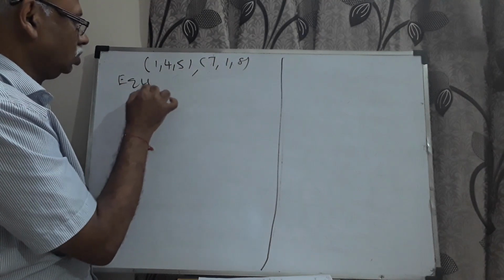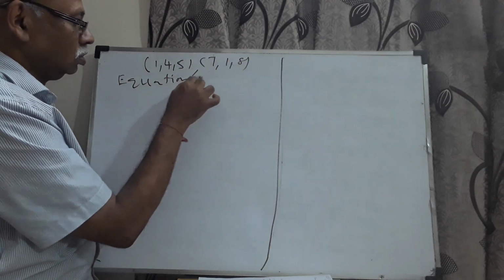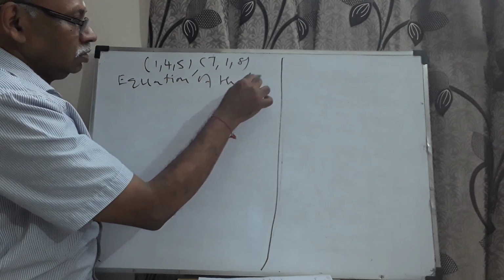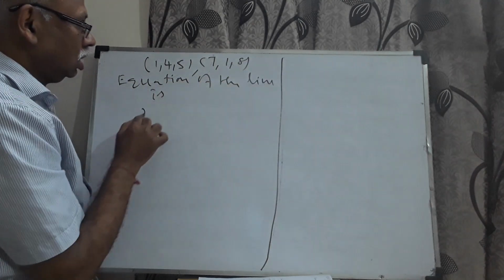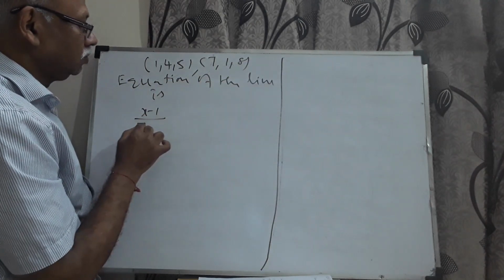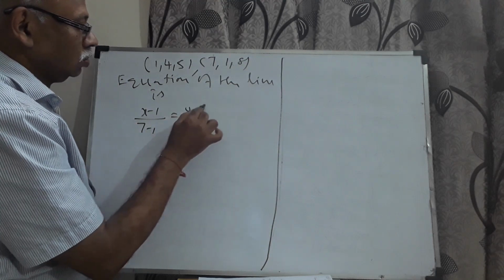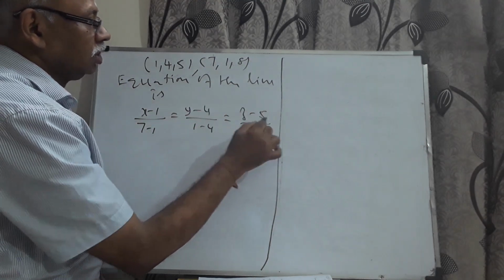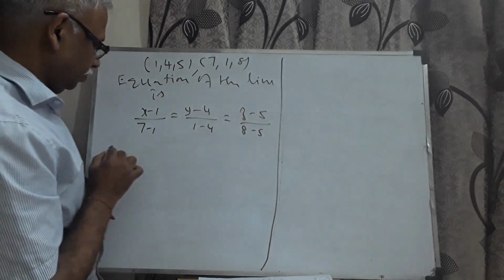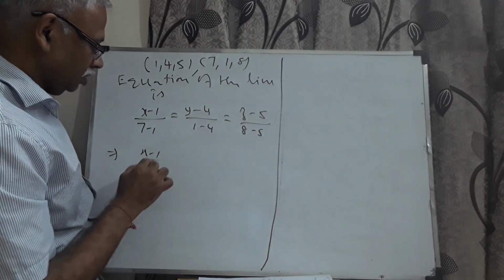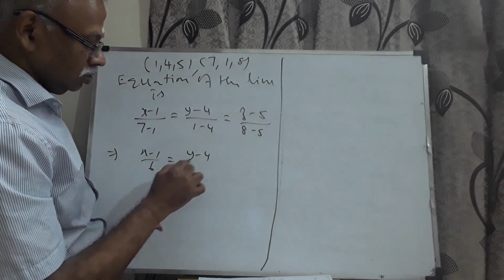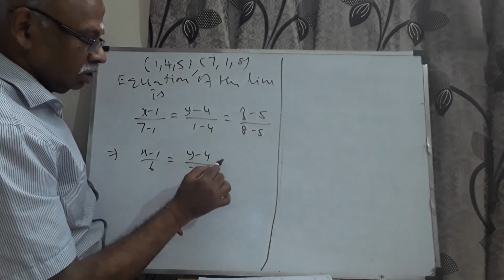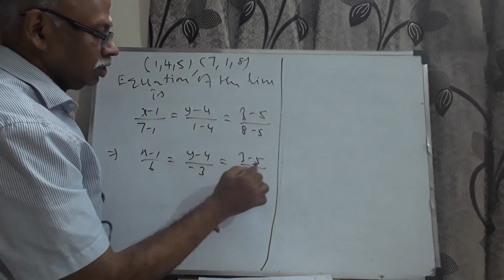Therefore, the equation of the line is x minus 1 by 7 minus 1, y minus 4 by 1 minus 4 is equal to z minus 5 by 8 minus 5, which implies x minus 1 by 6 is equal to y minus 4 by minus 3 is equal to z minus 5 by 3.